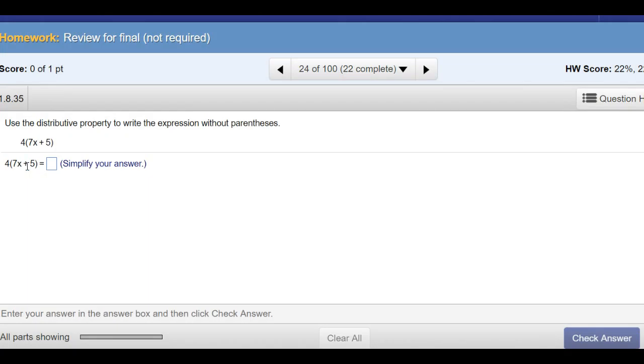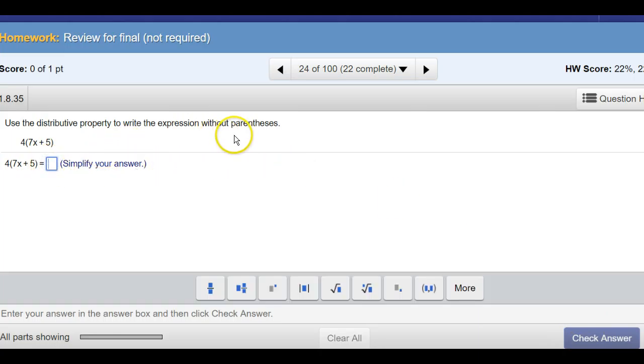Now here we're using the distributive property without parentheses. And I probably could write these right in there. But again, on your blue sheets, you're going to have to write the problem, show the work. So let's just review the process here.